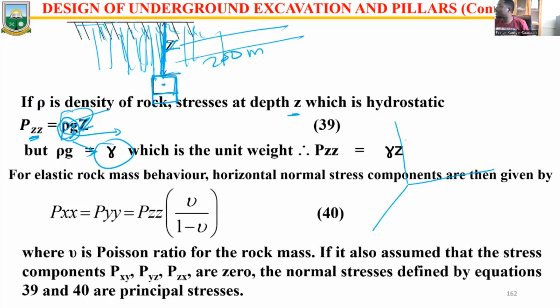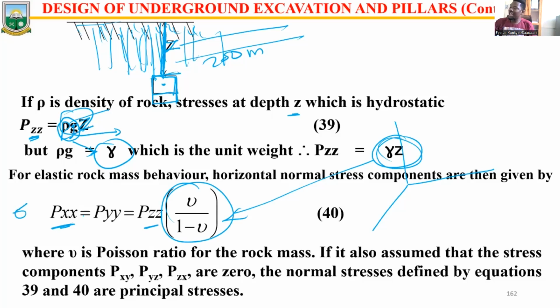And so we have this finally, and then you have this force here, the pressure you have computed as the vertical stress, you multiply it by your Poisson component, which is the horizontal deformation, to get your PXX or PYY.